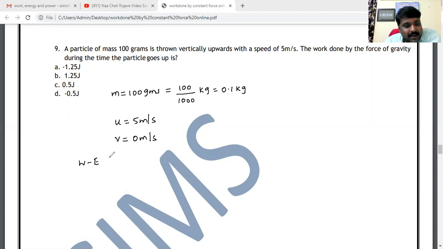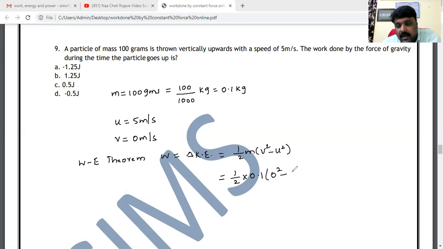According to the work energy theorem, the work done on an object equals the change in kinetic energy, that equals half m of v square minus u square, that equals half into m, we have 0.1, v square is 0 square, minus u square, it is 5 square.